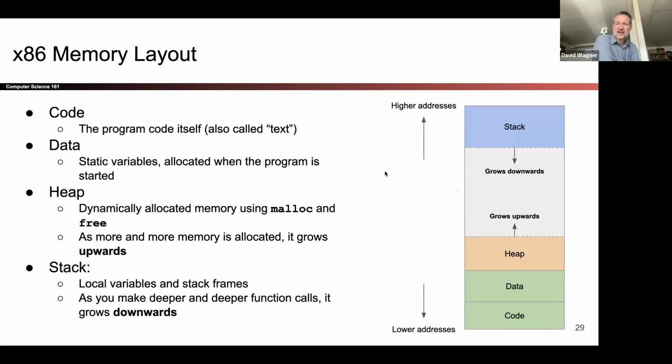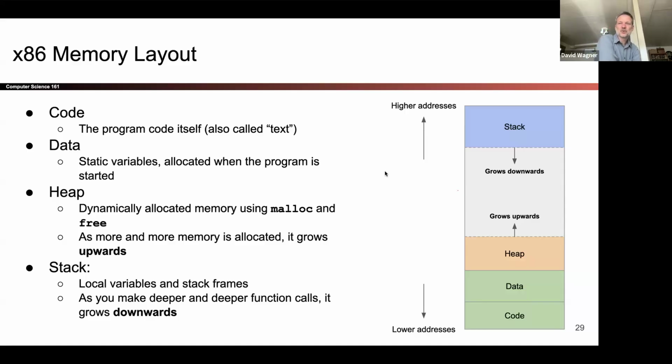Then there's the heap segment, which is where all dynamically allocated memory goes, if you allocate with malloc and free. Or if you're running in Java, anything you allocate with new is stored in the heap. I don't know why it's called the heap, but it just is. Sorry for all the jargon.